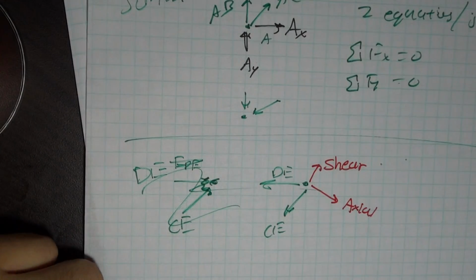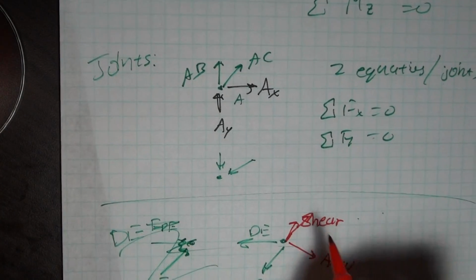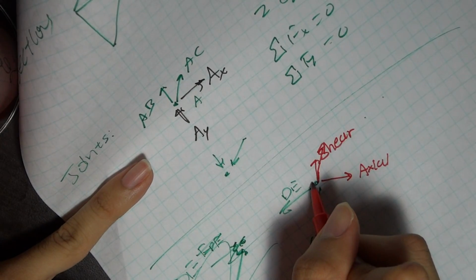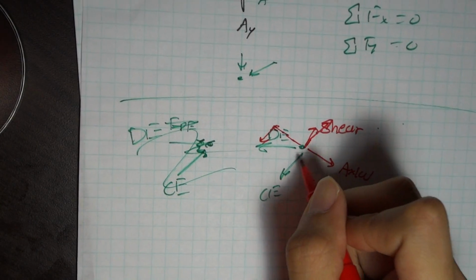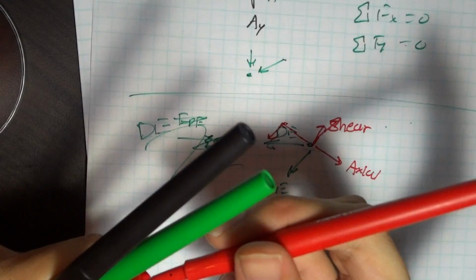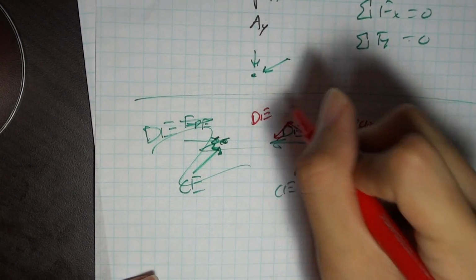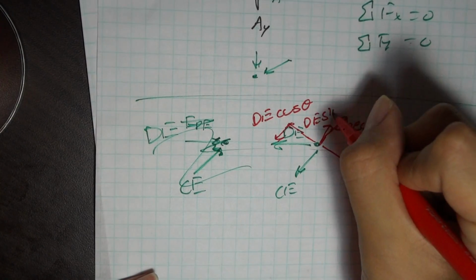But to actually do this, I'm going to break this DE into an axial component and a shear component. And this CE is already in the direction of shear. So if I do shear, this DE up here should be DE cosine theta, DE sine theta.